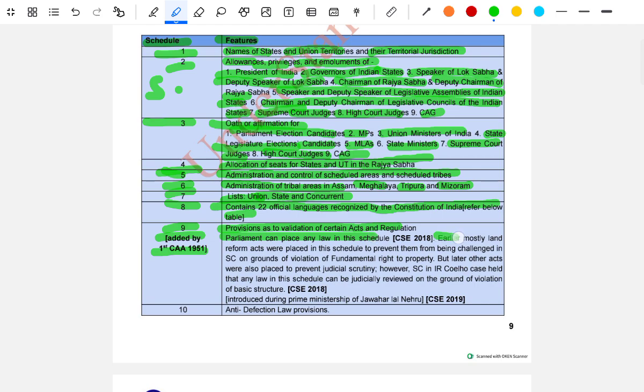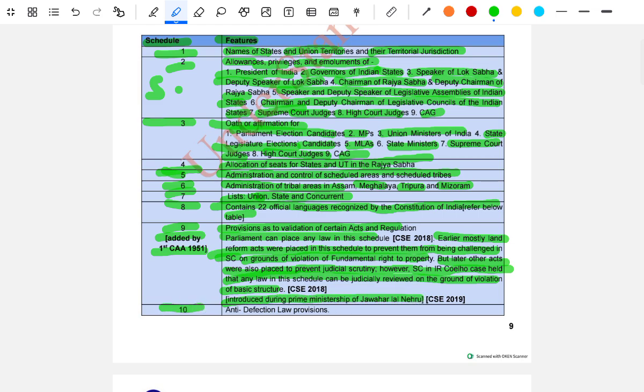Earlier, mostly land reform acts were placed in this schedule to prevent reforms from being challenged in the Supreme Court on grounds of violation of the fundamental right to property, but later other acts were also placed there to prevent judicial scrutiny. However, the Supreme Court in the I.R. Coelho case held that any law in this schedule can be judicially reviewed on the grounds of violation of basic structure. Introduced during the prime ministership of Jawaharlal Nehru.